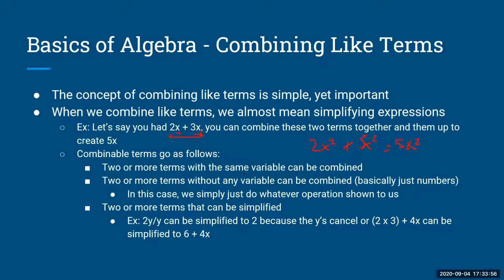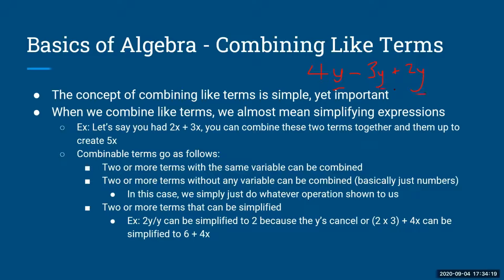Okay, so if they have the same variable, they can be combined, right? So you had 2x plus 3x. You just add the coefficients together to get 5x. Here, let's do a different example. Let's say you had 4y minus 3y plus 2y, right? They all share y.